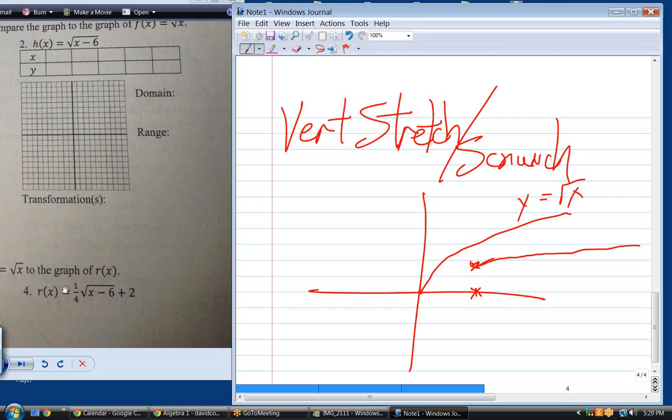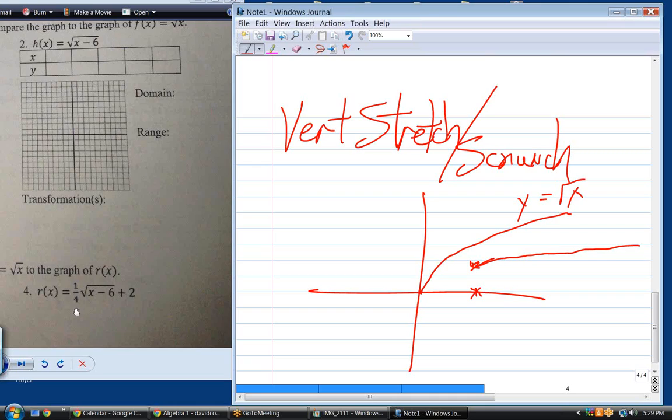So what 3 things are happening here? A vertical scrunch. When you're describing these, describe them fully. It's not good enough to just say a vertical scrunch.